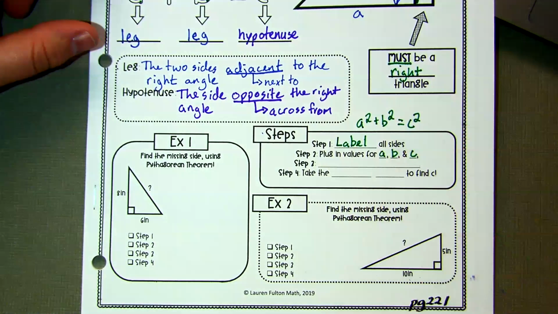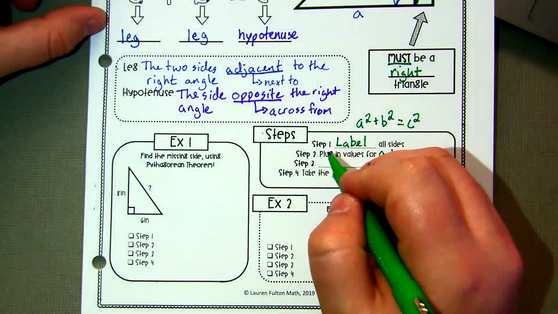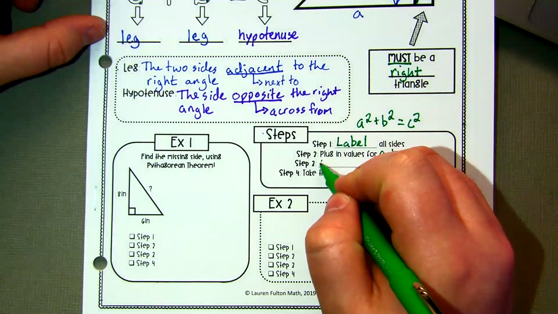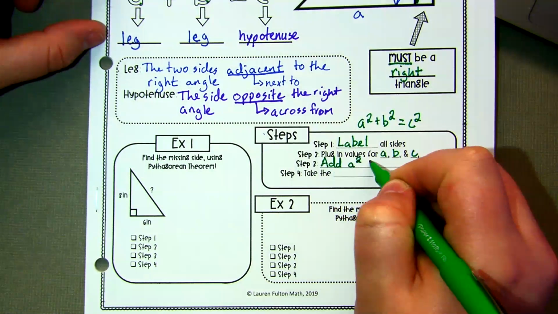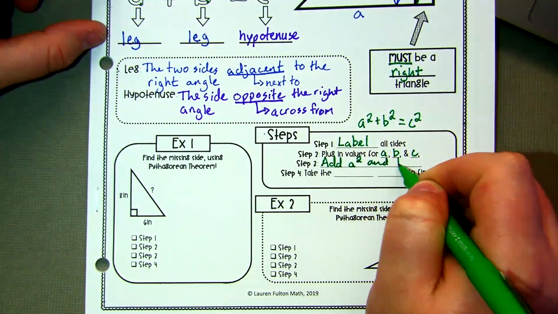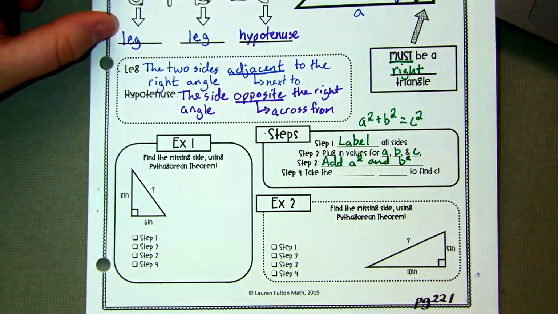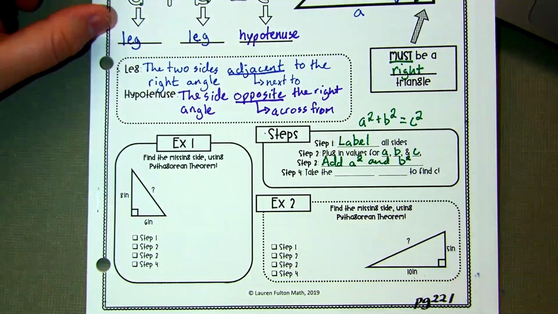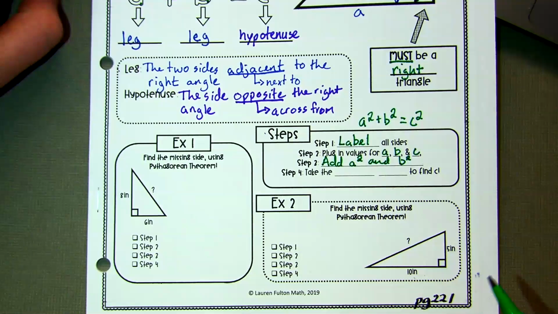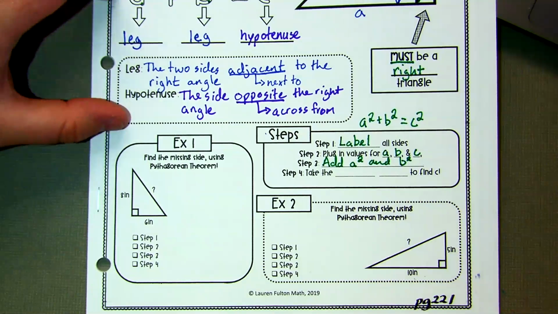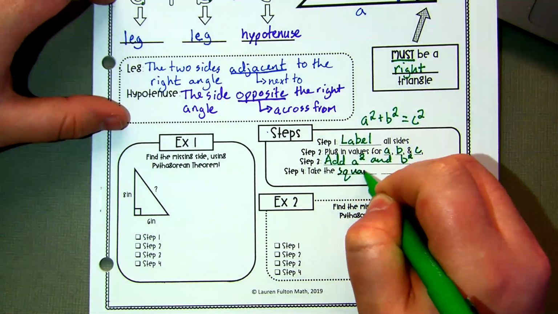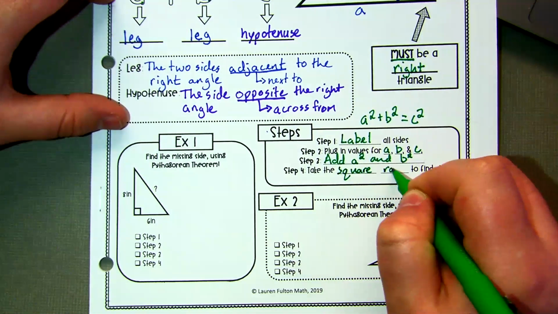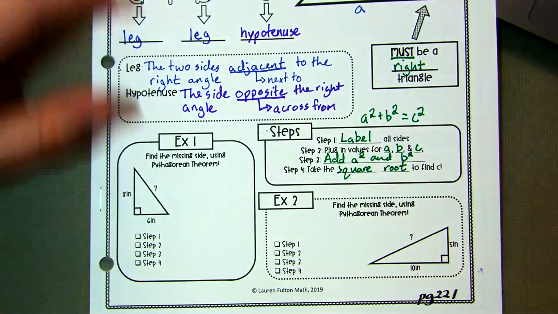A squared plus B squared equals C squared. Then step three, we are going to add A squared and B squared. Our final step, and this is the most important one, is we take the square root to find C.